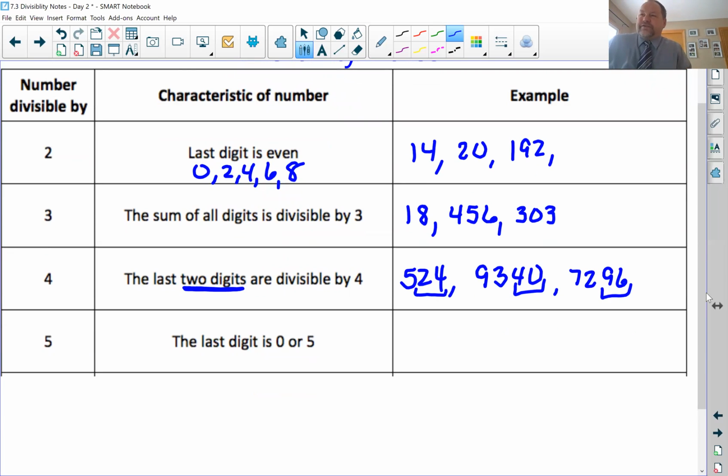Divisibility by 5 is, I think, even easier. A number is divisible by 5 if it ends in a 0 or a 5.